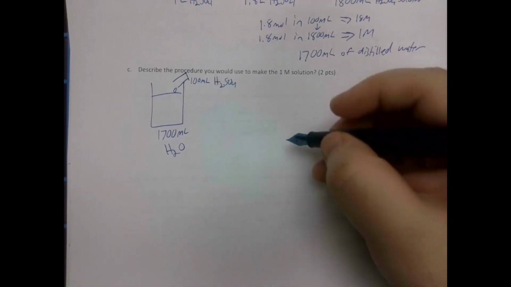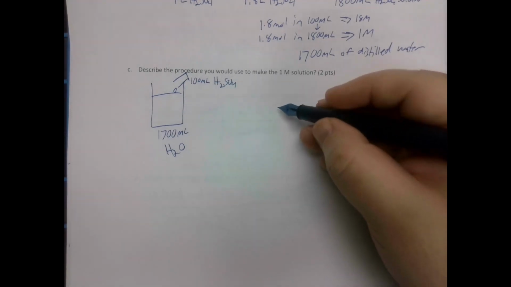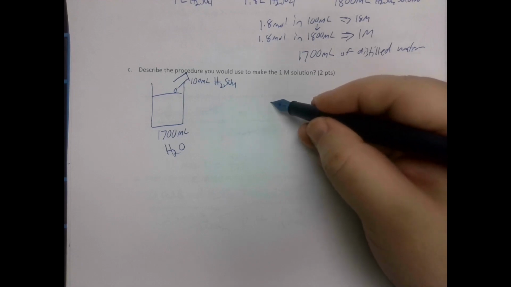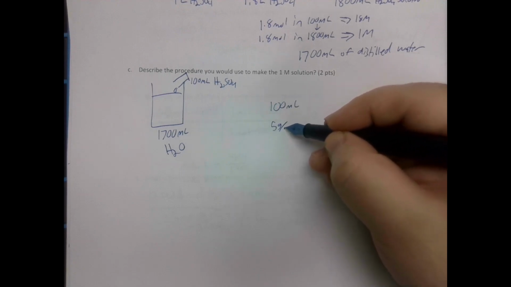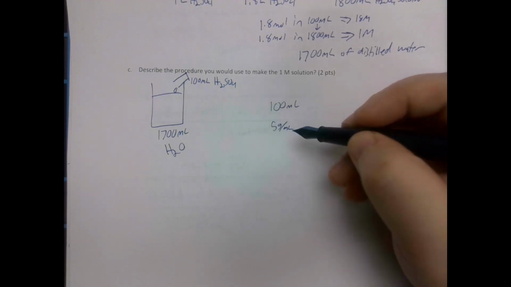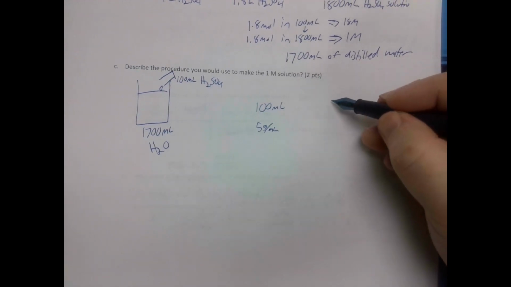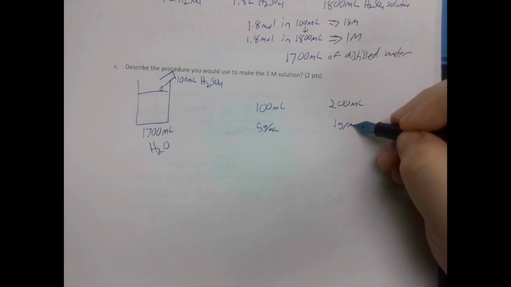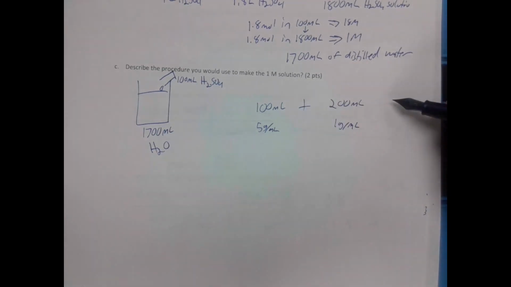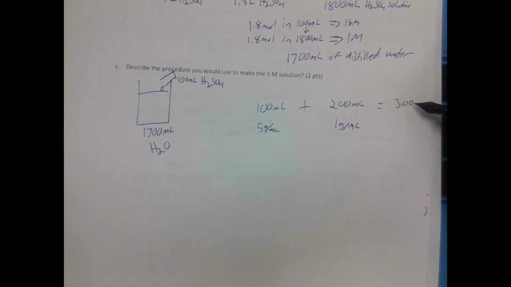It gets complicated if you have 2 liquids of different volumes and different densities. So if you have 100 milliliters at some crazy density, let's say 5 grams per milliliter, and we mix it with 200 milliliters of something that's 1 gram per milliliter, you expect this to be exactly 300 milliliters.